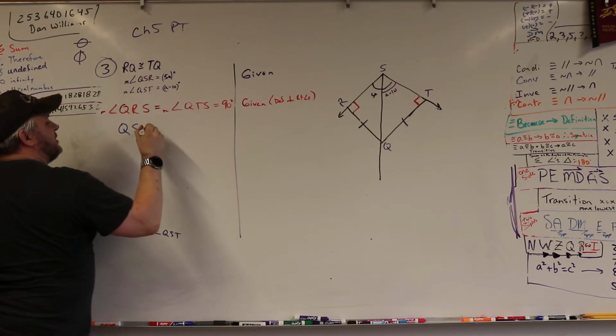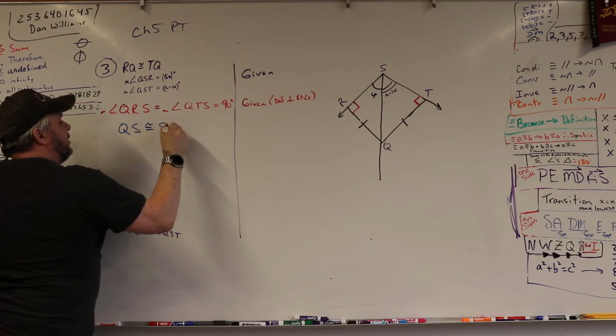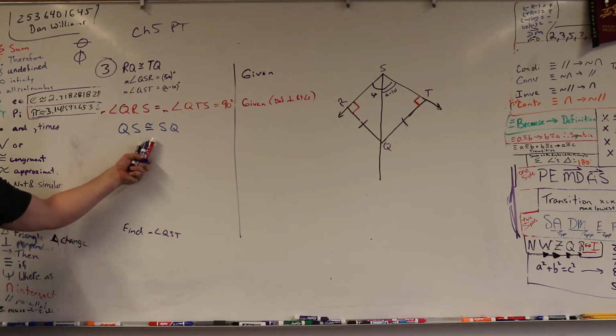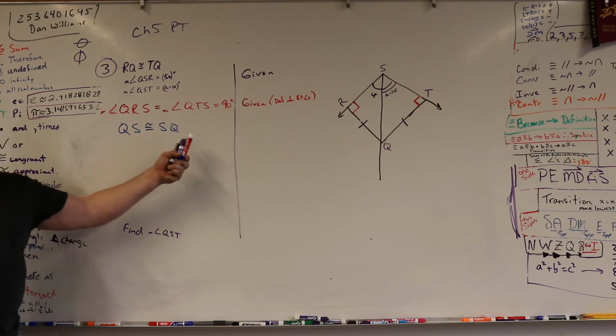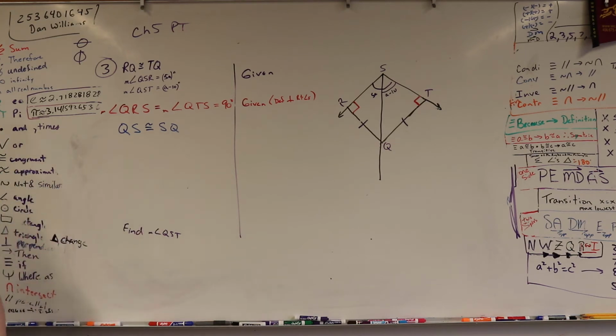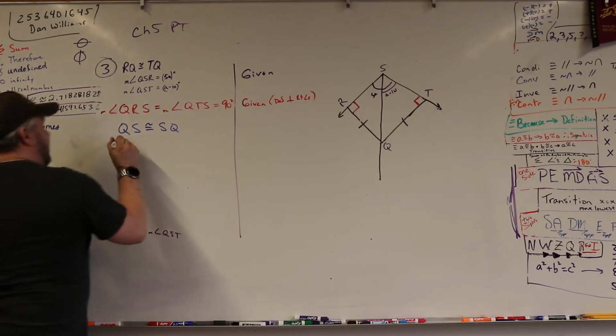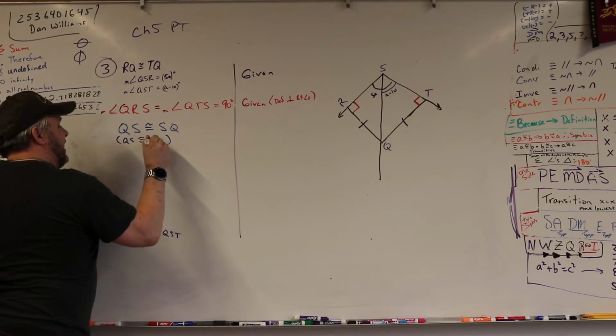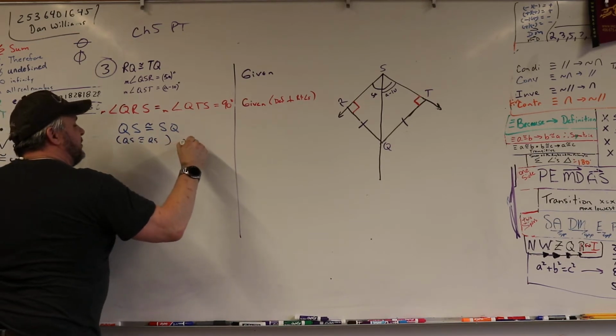So QS is congruent to SQ. Now, if I write it that way, that would be symmetric. If I said QS is congruent to QS, that would be reflexive, right? So QS is congruent to QS, that is reflexive.